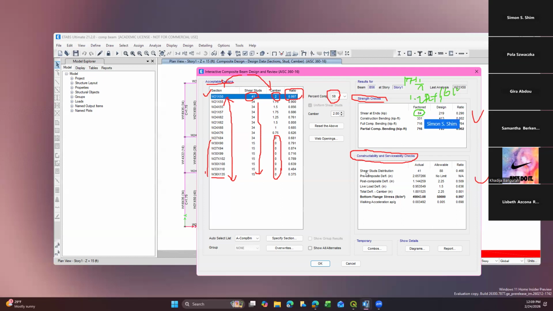This beam has 64 kips, but design capacity here is 219, so shear is not really the governing case. Your W21 by 50 has a pretty significant shear capacity.